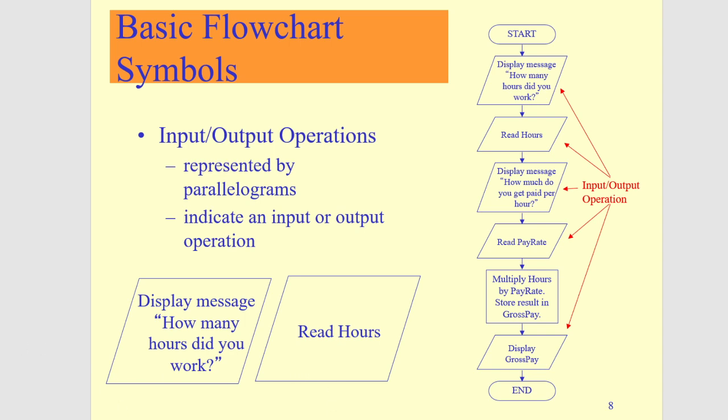Now, the next one is the input and output operation. As you can see, input and output operations are represented by parallelograms. So parallelograms, so display, that's output, right? So in our example in our C++ basic, we displayed hello world, so that is an output operation. So that means that it will be in a parallelogram shape.